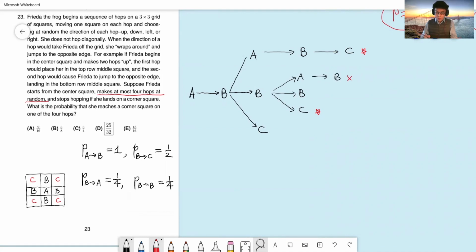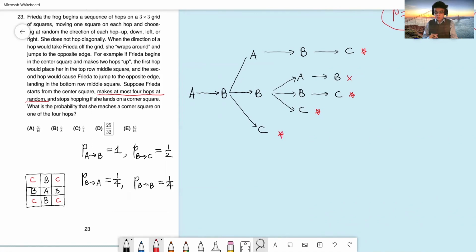And then from B, we only have the last hop, so we just hop to C. This works. Now let's consider the last case, A, B, C, and this is already done.